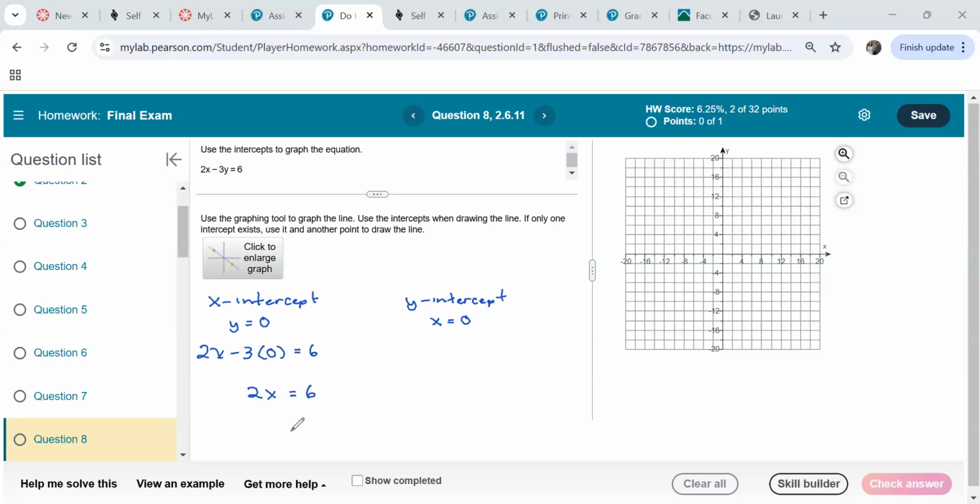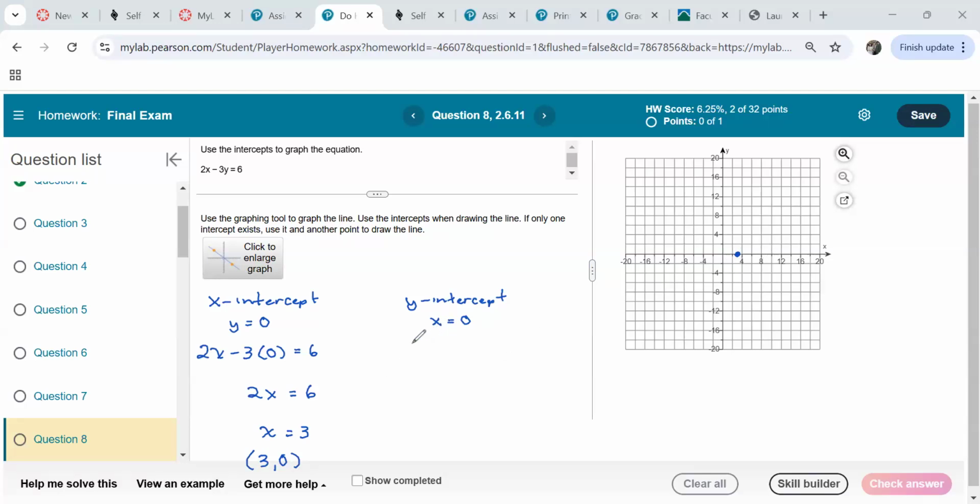So I'm left with 2x equals 6, which means that x would have to be 3. So I have an ordered pair where x is 3 and y is 0. That'd be about here. The scaling on this is a little off. That's counting by twos.